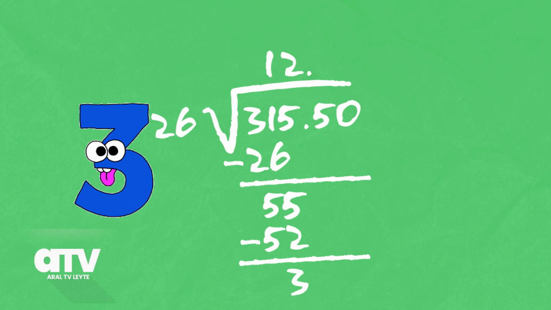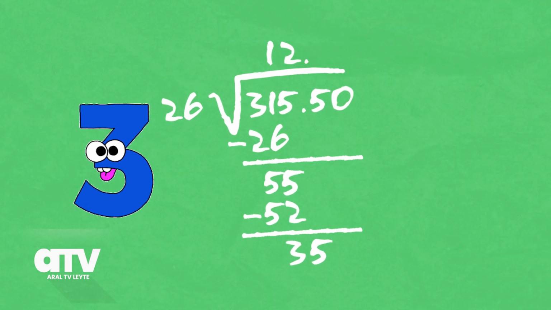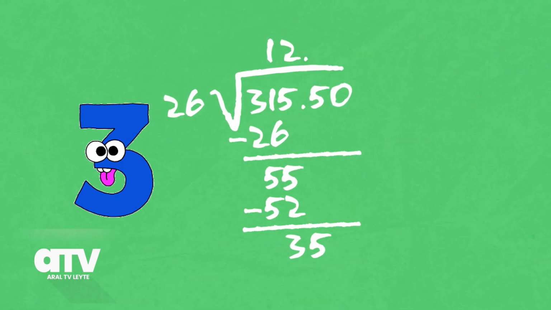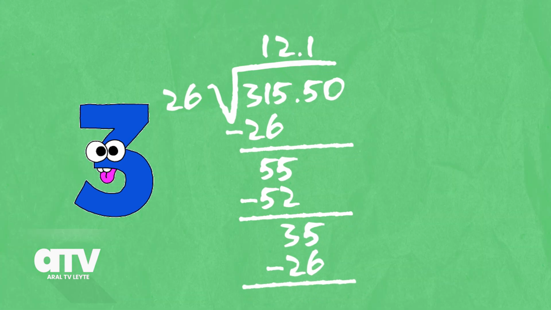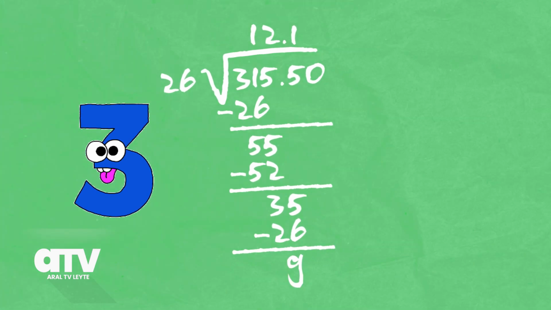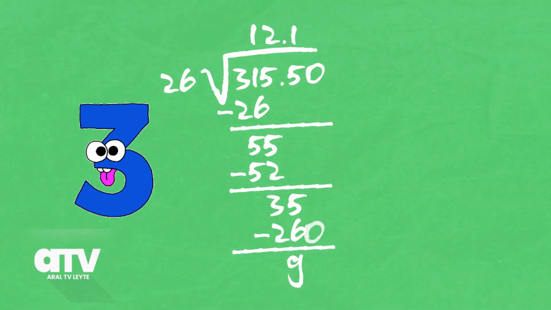Bring down 5. We have 35. 35 divided by 26 is equal to 1. 1 times 26 is equal to 26. 35 minus 26 is equal to 9. Bring down 0.